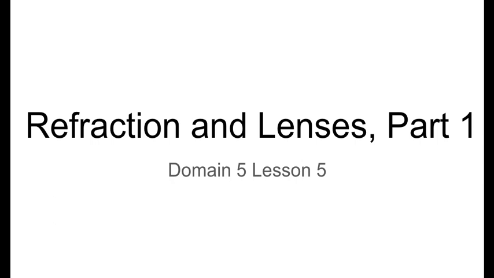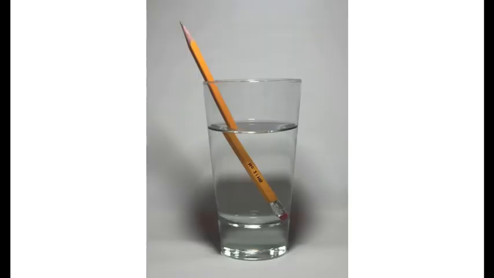Okay. Next, I'm going to show you a drinking glass that's filled with water. Here we see that this glass has a pencil in it. Take a close look at the pencil in this picture. Make some observations. You can pause the video to write down your observations.